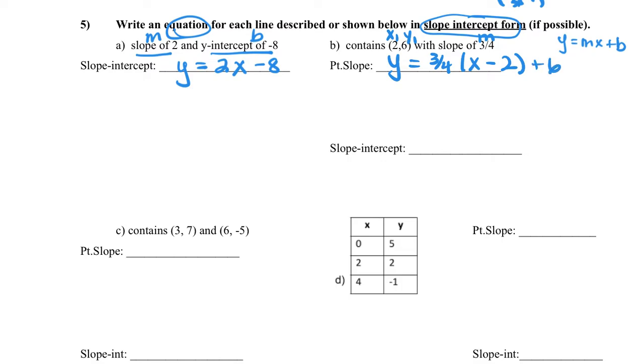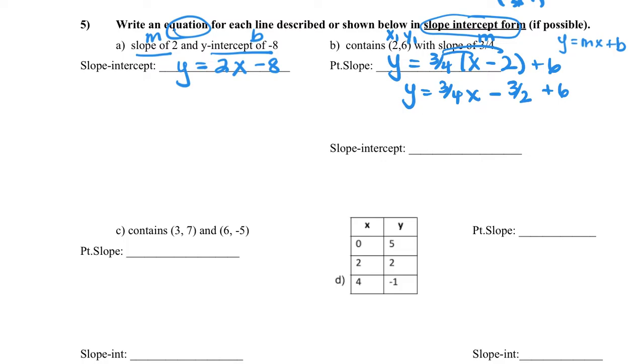We are not done yet. We have to distribute. So we're going to distribute that there. So we have y equals 3/4 x minus, now when I take 3/4 times 2, I get 3/2. You can use your calculator to get that value. You get 6/4, which reduces to 3/2 when you multiply through, and I still have this 6 here.